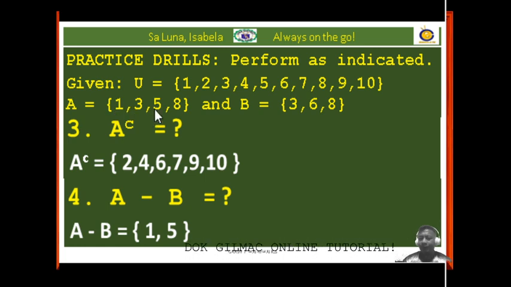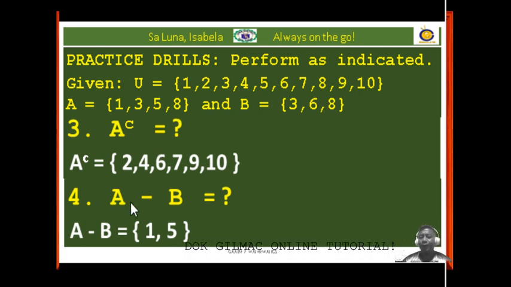So these should not be included in the complement of A. So the elements should be 2, 4, 6, 7, 9, 10. And take note, 1, 3, 5, 8 are not included in the complement.